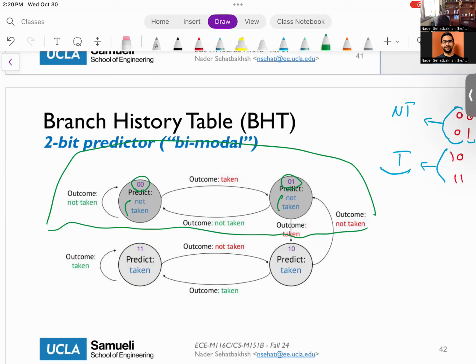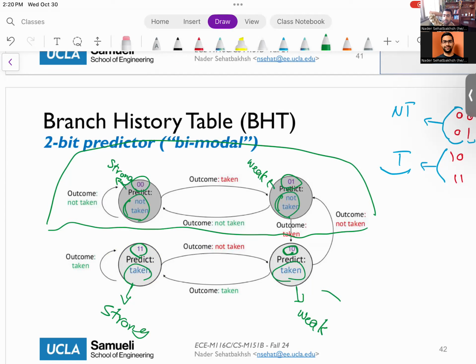If you are in 1,0 or 1,1, we're going to predict taken. We usually call this strong not taken, and this weak not taken. And same here, one would be weak taken and the other strong taken.